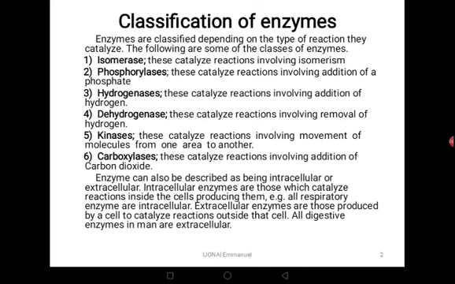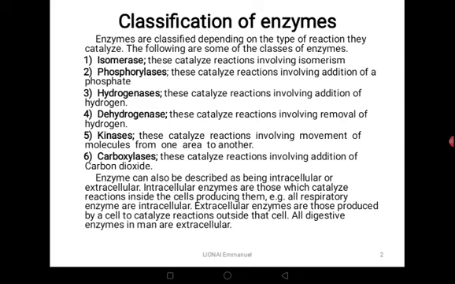Then we have hydrogenases. These catalyze reactions involving addition of hydrogen into molecules. Then we have dehydrogenases. They catalyze reactions involving removal of hydrogen from the substances. Yes. Then we have kinases. These catalyze reactions involving movement of molecules from one area to another. From the word kinesis or kinetic energy, movement.